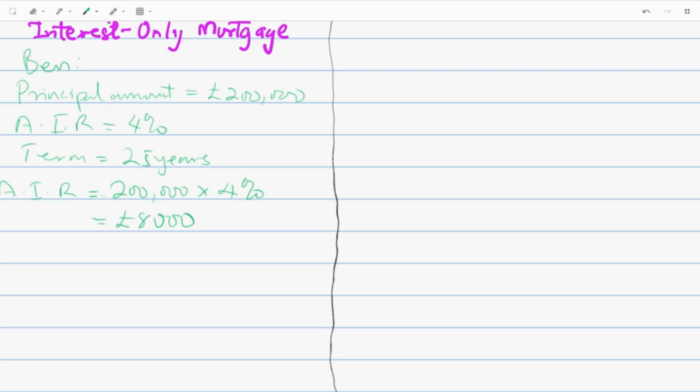Now we need to calculate the monthly interest rate. To do that, we will have to divide this 8,000 by 12 to get the monthly interest rate. If you divide 8,000 by 12, you should have 666.6.